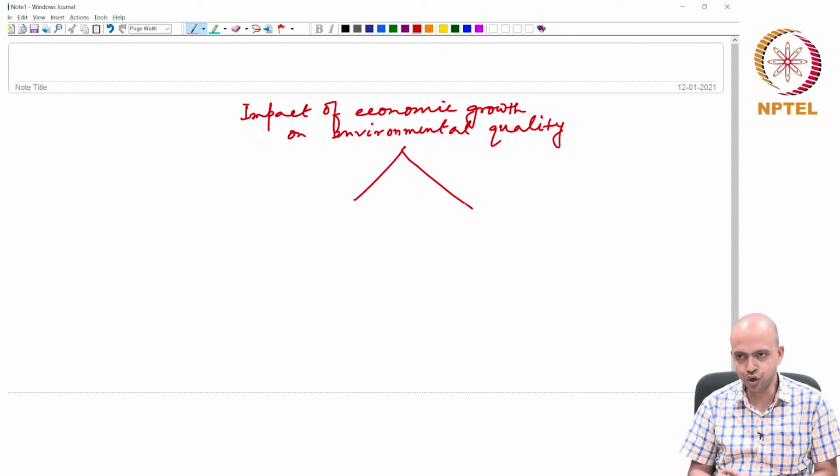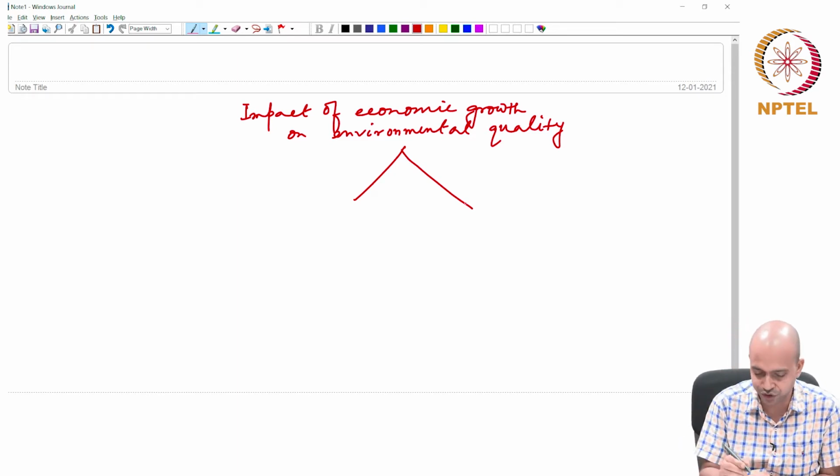One school of thought is guided by the environmental Kuznets curve hypothesis.